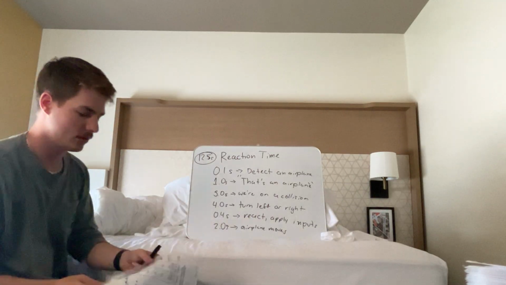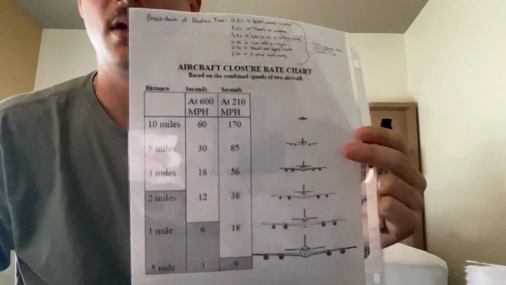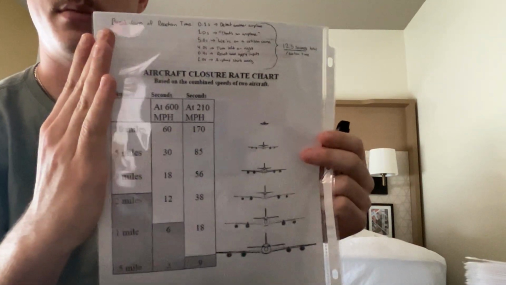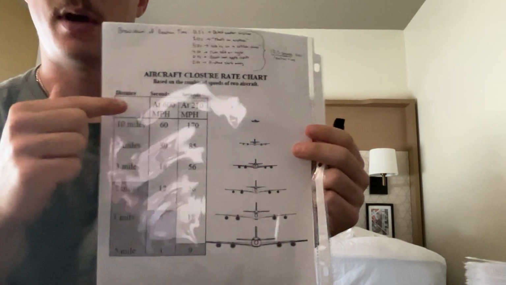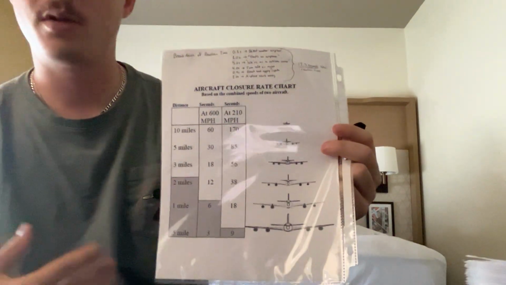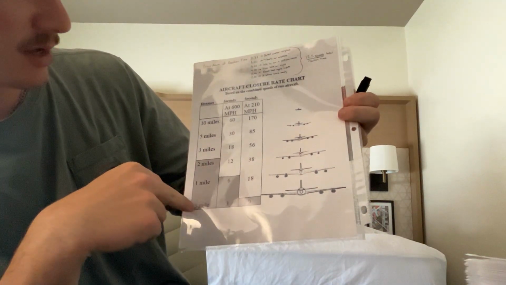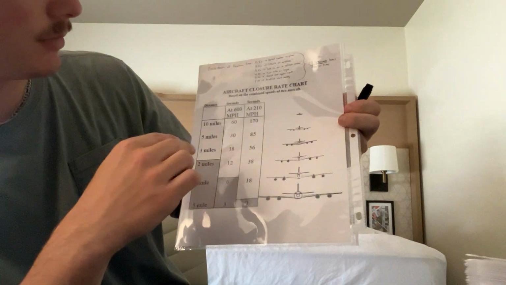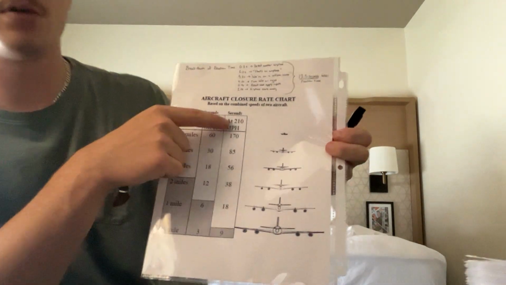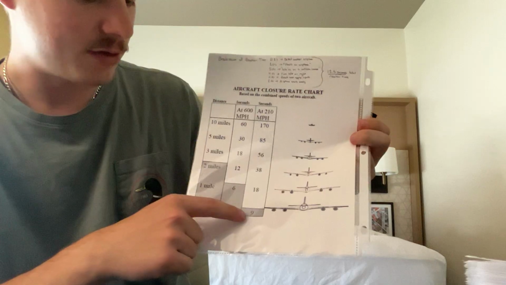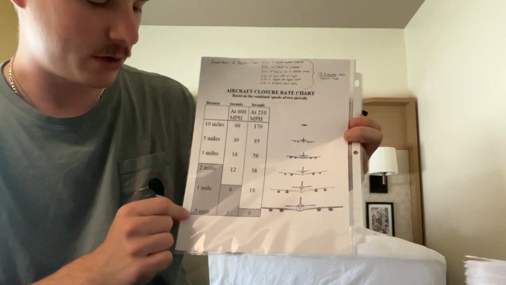Well, if we look at this chart here, you can see that, at 210 miles an hour, which is going to be more realistic to what we're flying in general aviation, if the combined speeds of both airplanes are 210 miles an hour, so each airplane is flying 105 miles an hour, it takes them 9 seconds to collide from 0.5 miles away, which is less than the reaction time.